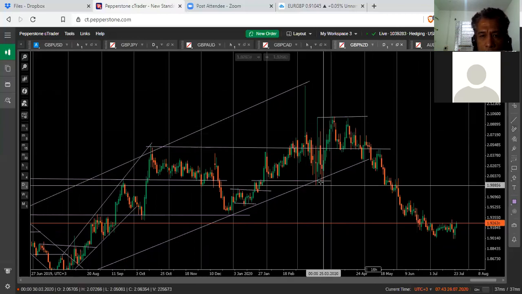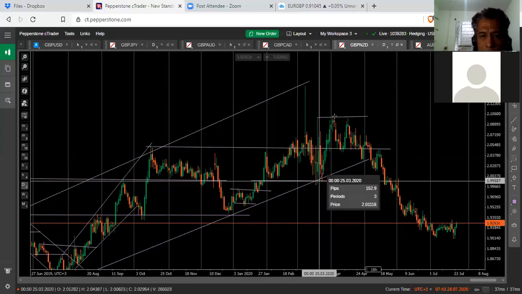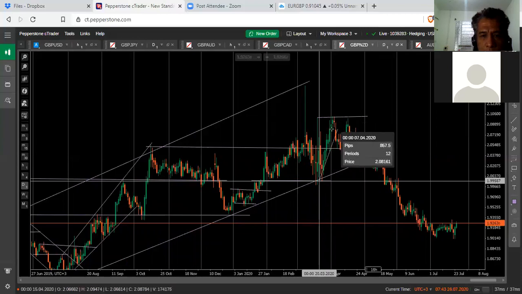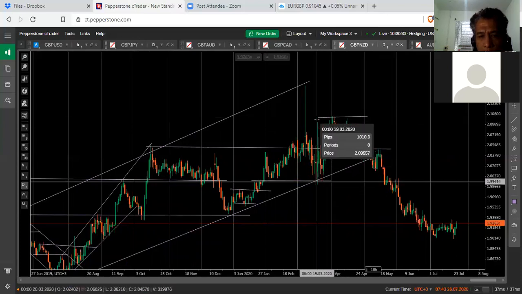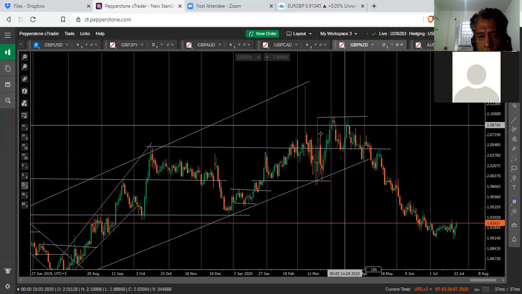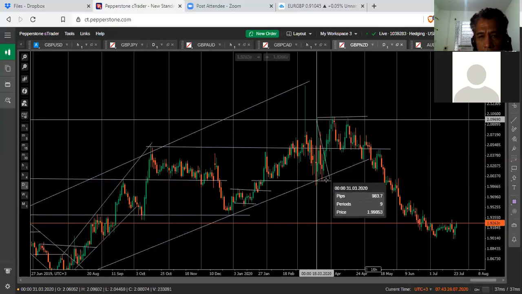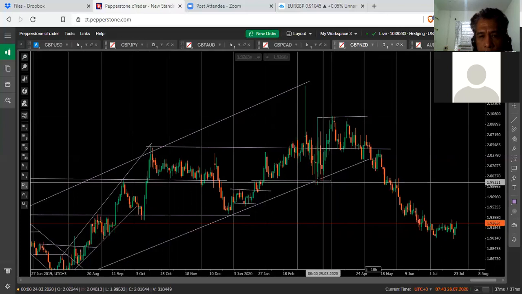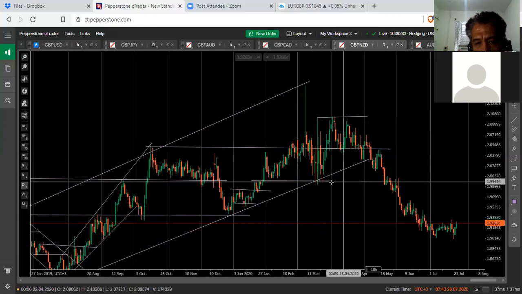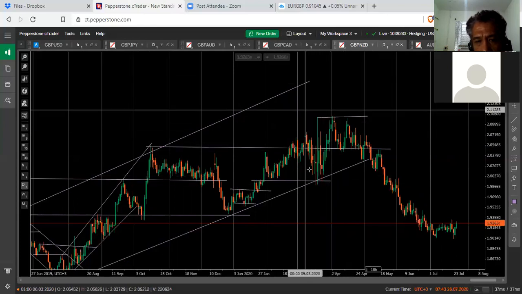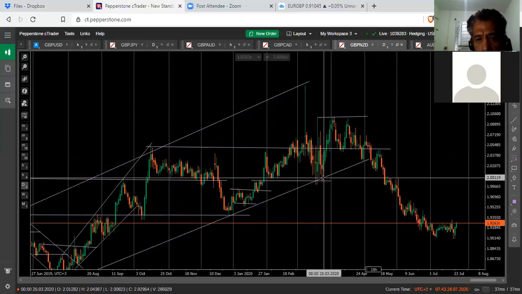Then after that one, it tried to test. It made a lower high. After it made a lower high, you can see here another lower low. But it's not really a lower low, the same location where it tried to test, but it holds.